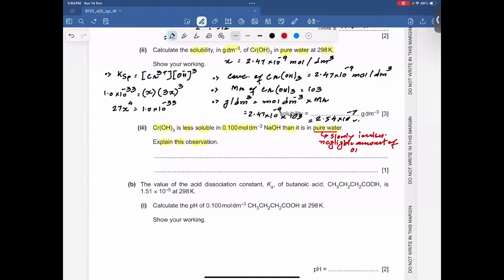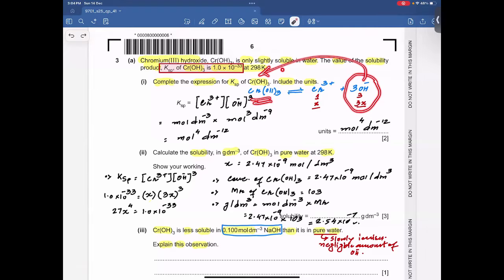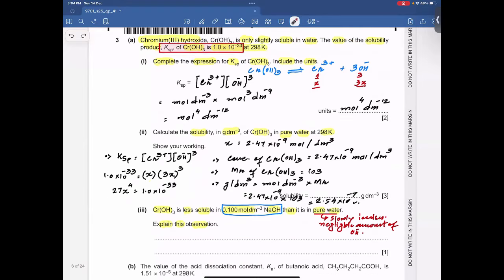But sodium hydroxide ionizes fully because it is a strong alkali. So technically, it increases the concentration of hydroxide ion in a saturated solution of chromium hydroxide. So when you add NaOH, it increases the concentration of hydroxide ions. So this favors the equilibrium towards left-hand side, and as a result, precipitation increases, whereas solubility decreases.